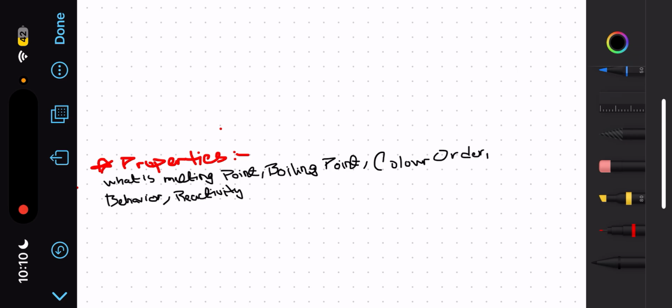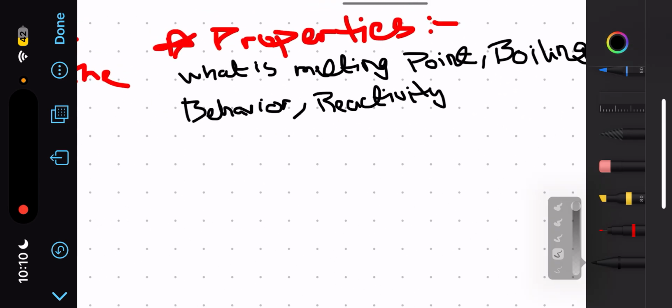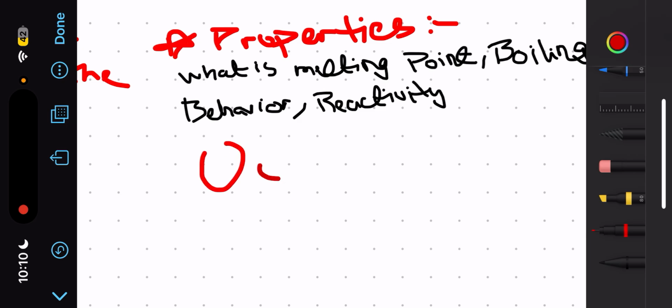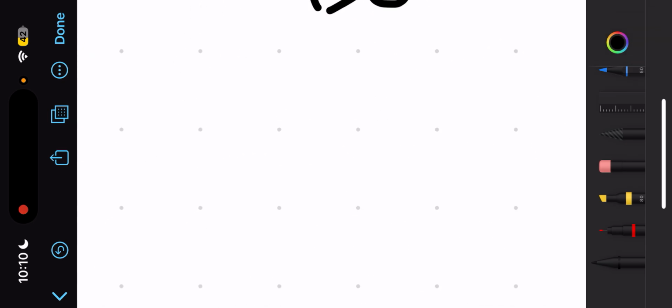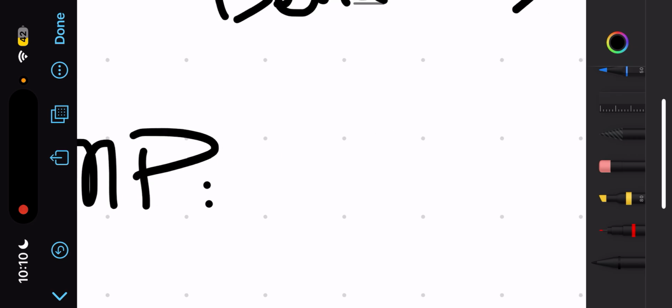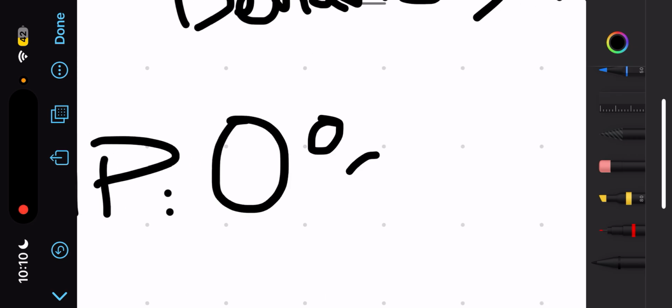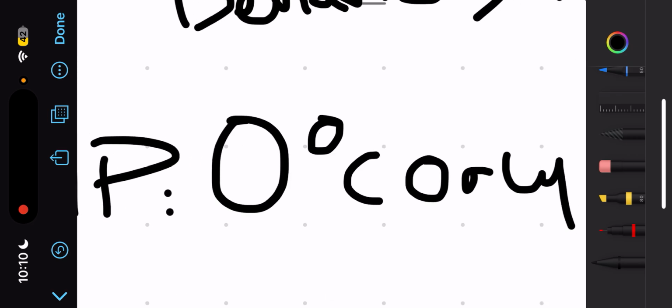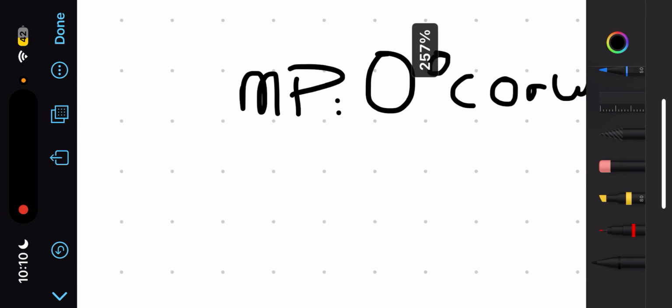For example, we will take water, which we have used in today's class. The melting point of water is 0 degree or less. MP means melting point. Above 0 degree it will melt; less means -1, -2.